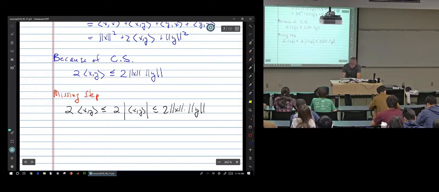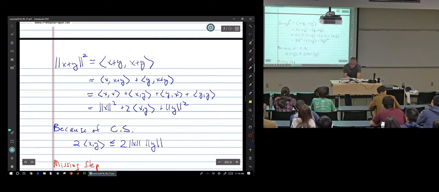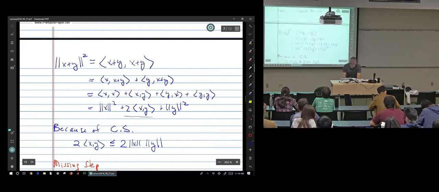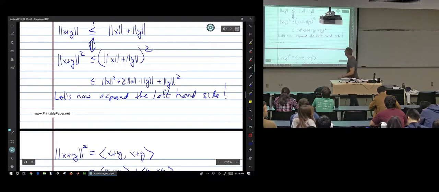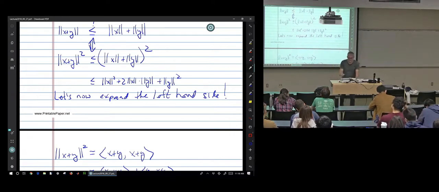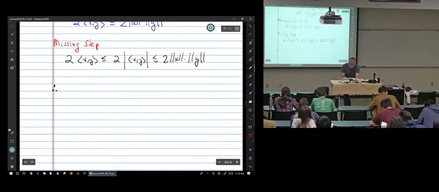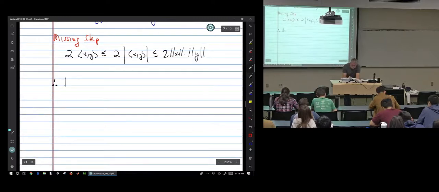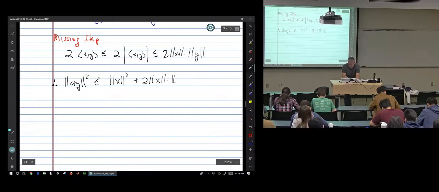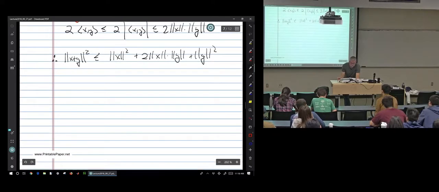So in x plus y squared, we substitute in Cauchy-Schwarz here, and we have exactly this. We get less than or equal to this. So, conclusion: norm x plus y squared is less than or equal to norm x squared plus 2 times norm x norm y, plus norm y squared.